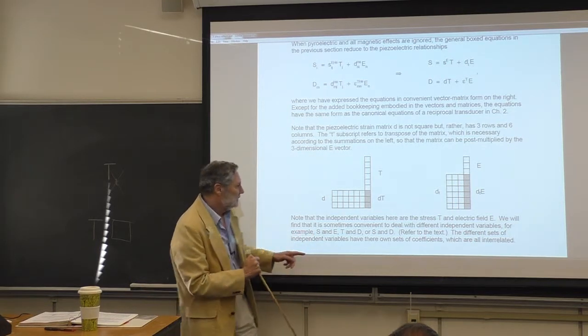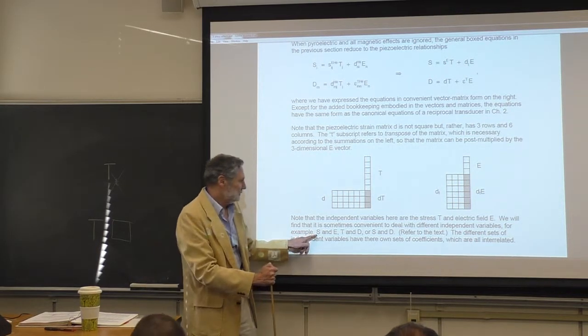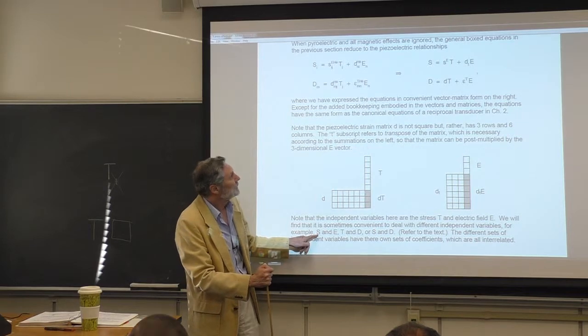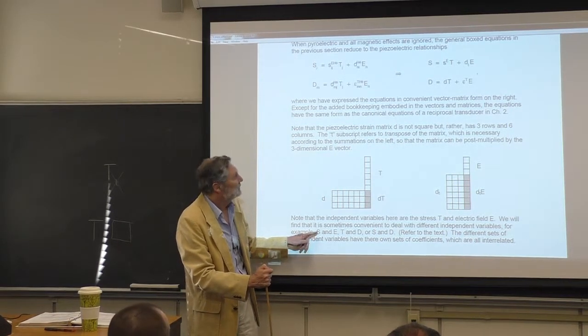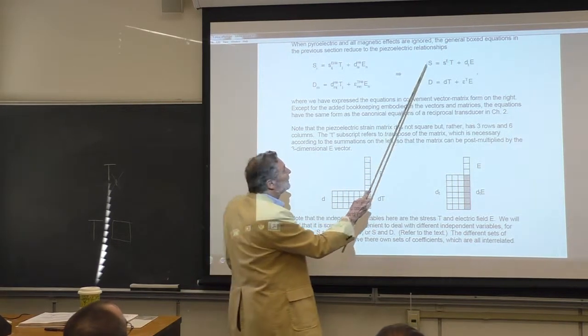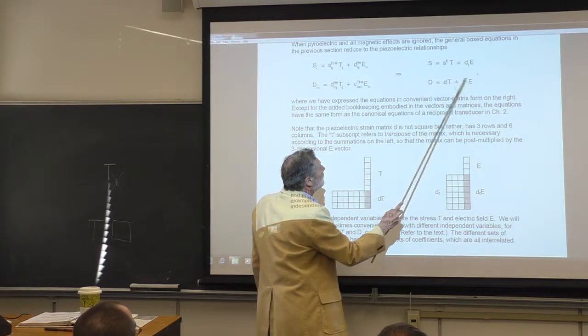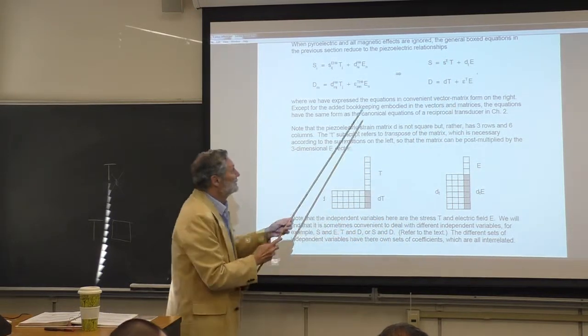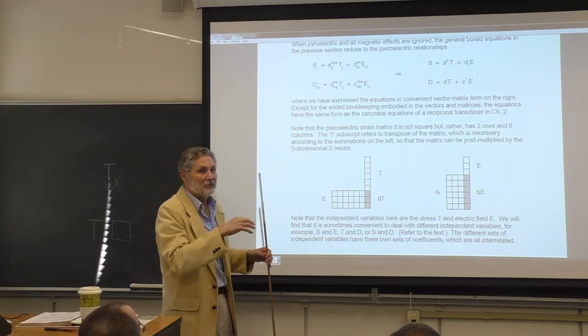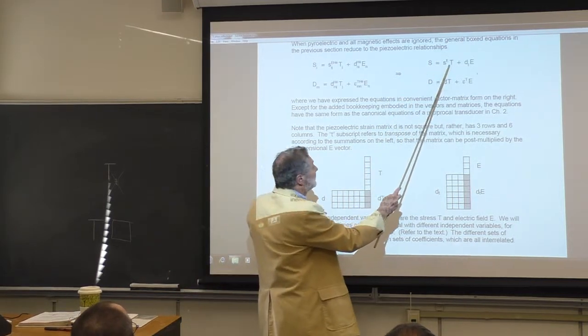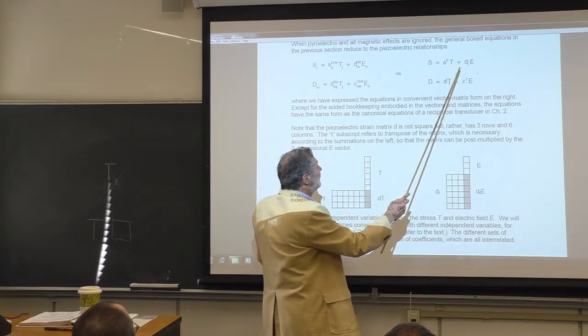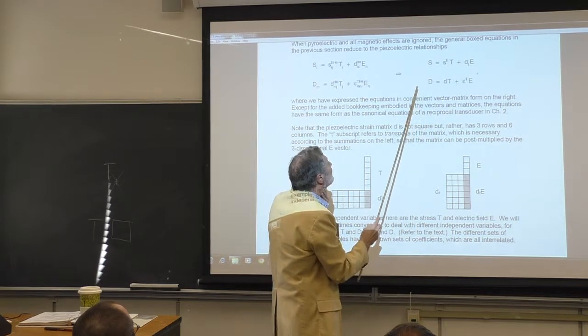Okay, so we have t and e. We have these 6 variables here, and they're grouped in pairs: s and t go together, e and d.